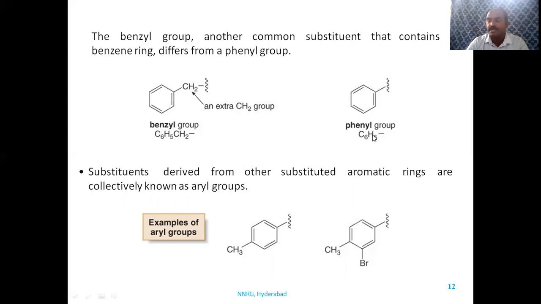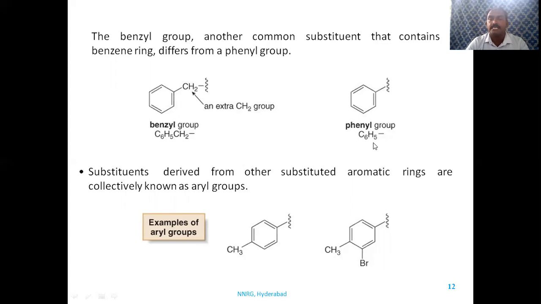So C6H5 is called phenyl, and C6H5CH2 is called benzyl. If the CH2 is replaced with C double bond O, we call it benzoyl. For example, benzoyl chloride is C6H5C(=O)Cl. And C6H5CH2Cl is benzyl chloride.